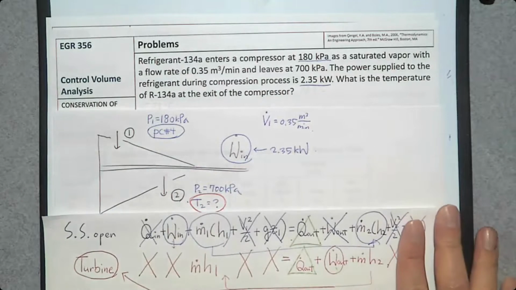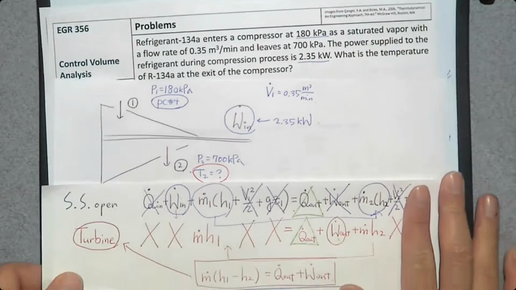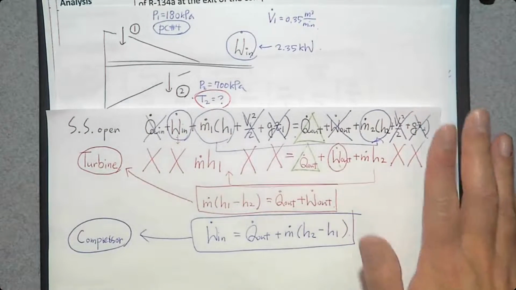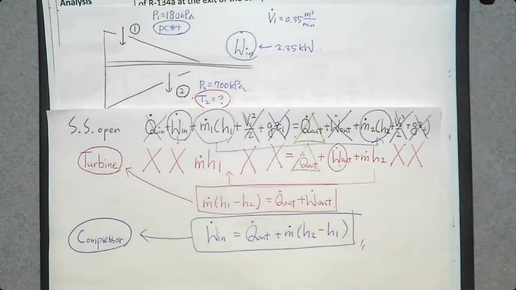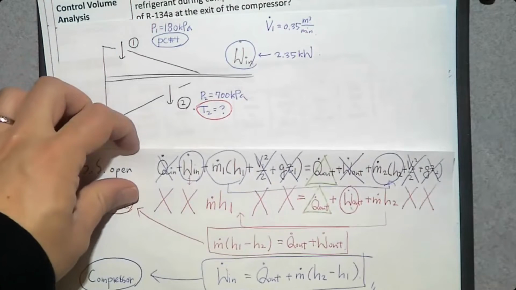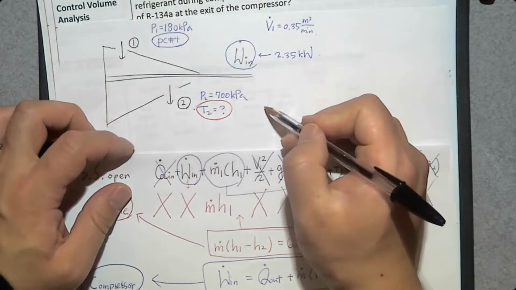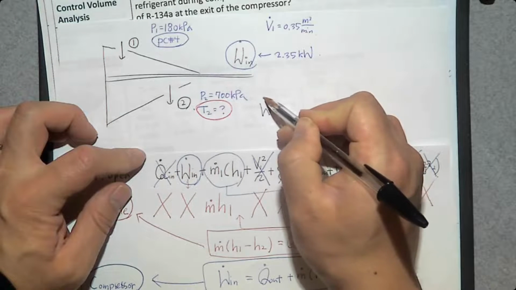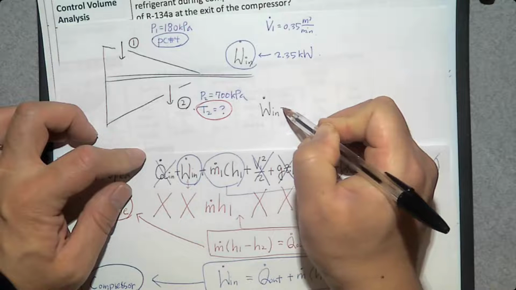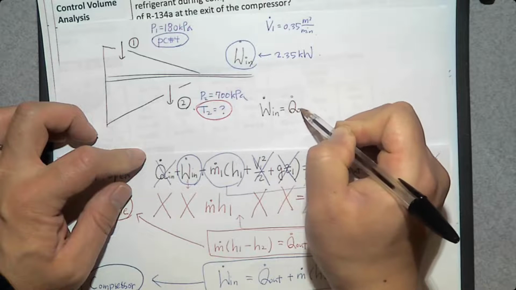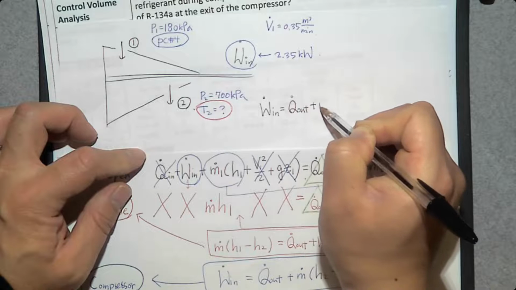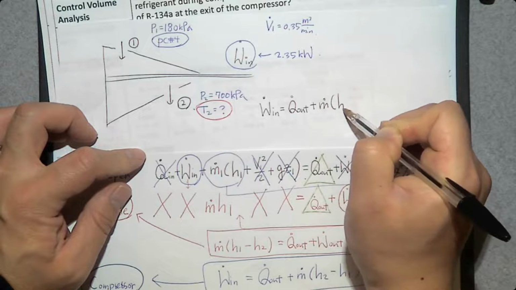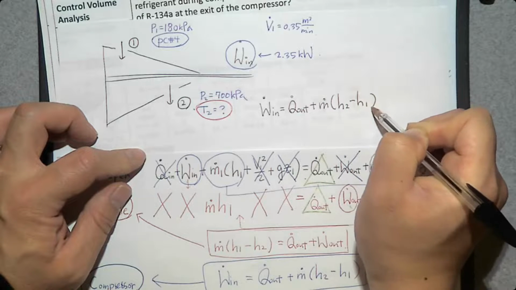We have a compressor. So this is the energy balance equation. This is the mathematics for this compressor. So let me write it down here. The governing energy balance equation is W dot in is Q dot out plus m dot (h2 minus h1).